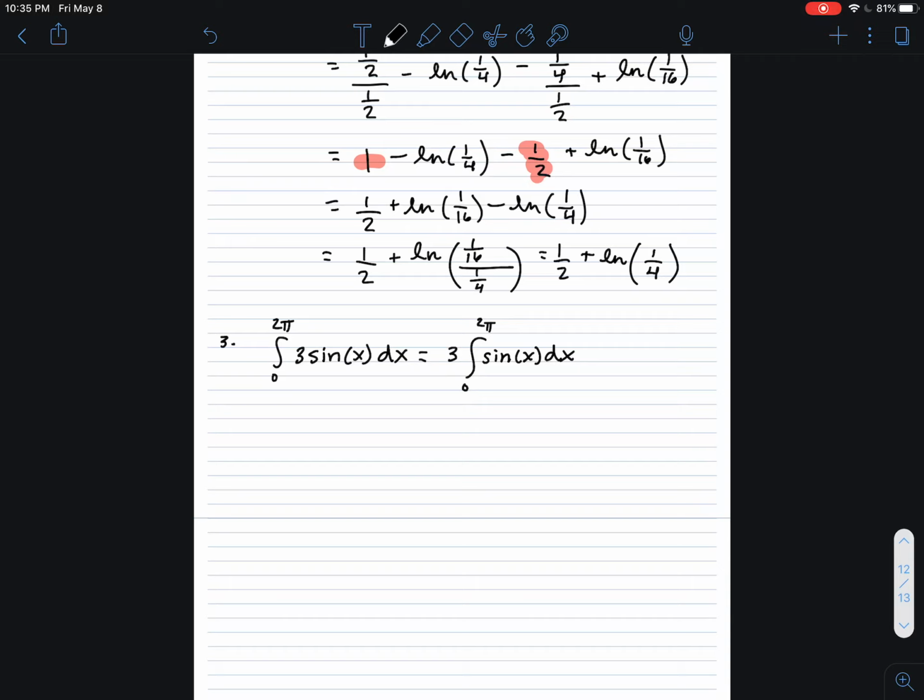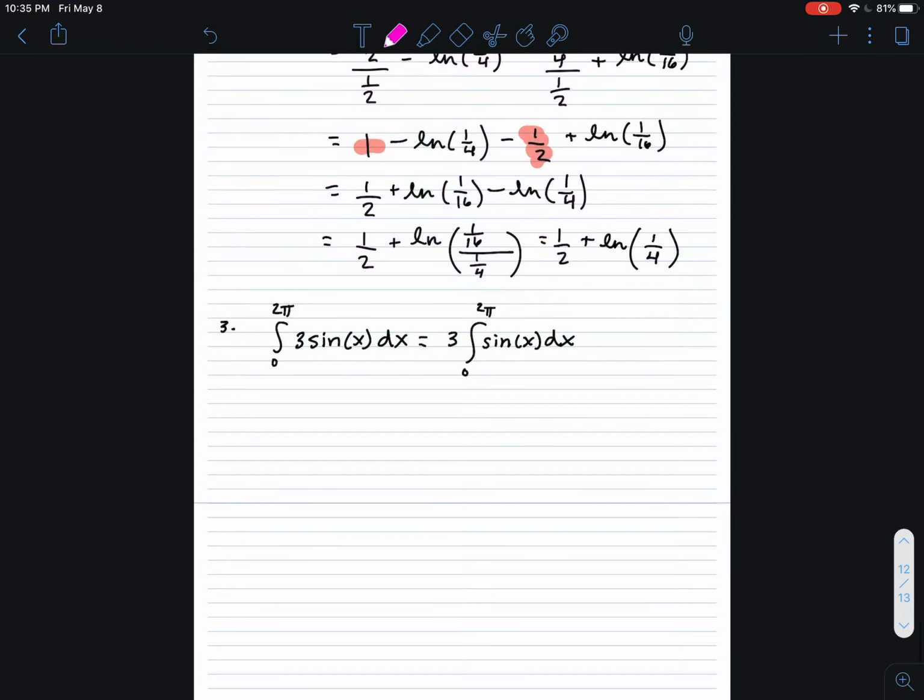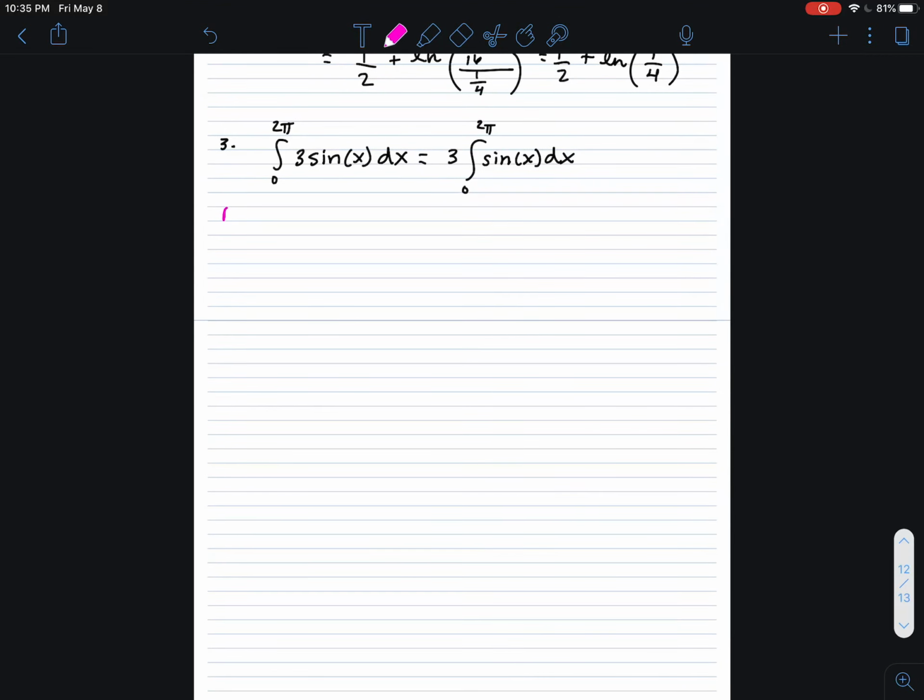So this is another one of ones that you can't use the power rule for integration because sine of x is not a polynomial, but if you think back to the rules we remember for the derivative, we know that the derivative of cosine is negative sine of x, which means that the derivative of negative cosine is sine of x.